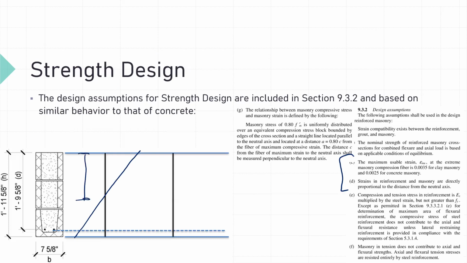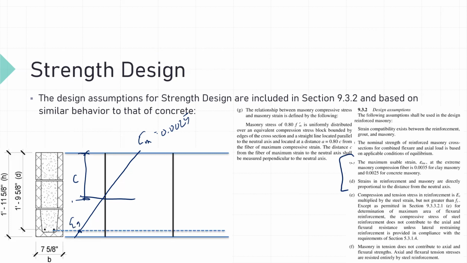Our distance between zero strain and our maximum compression fiber is going to be denoted here by c. That's where the neutral axis is in this beam, and I'm just drawing this as an example. Our maximum strain in our masonry is 0.0025 for concrete masonry, 0.0035 for clay masonry, and then we'll have our strain in our steel down here.